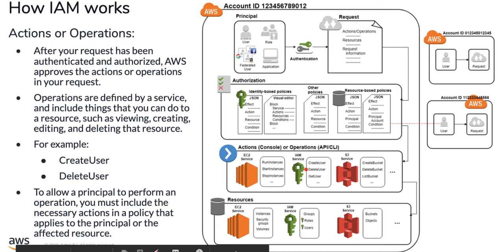these operations are basically defined by the service, that is, what operations can take place on the service. Each service would have its own set of operations, as I told. If that matches with the request context, then the request would be validated and passed on to the next level.